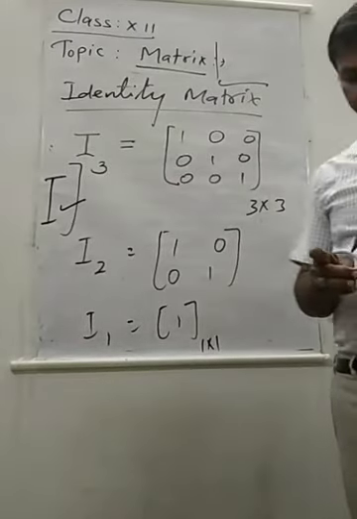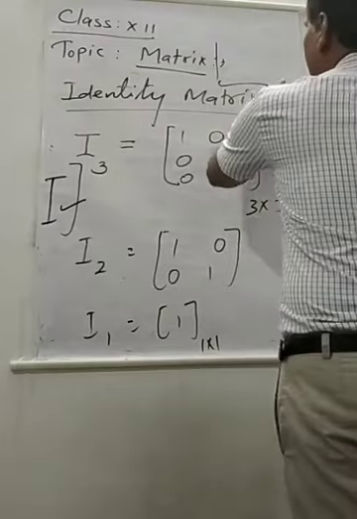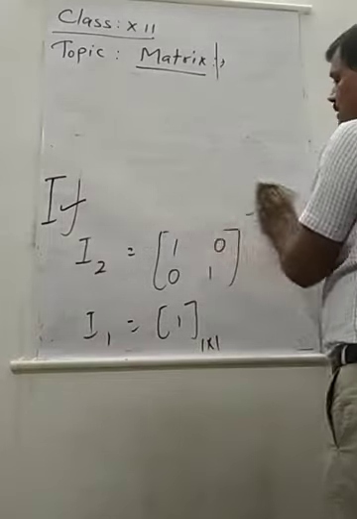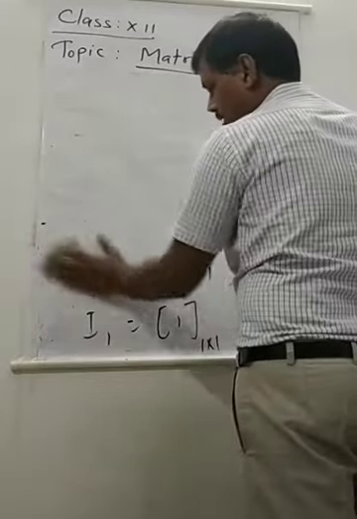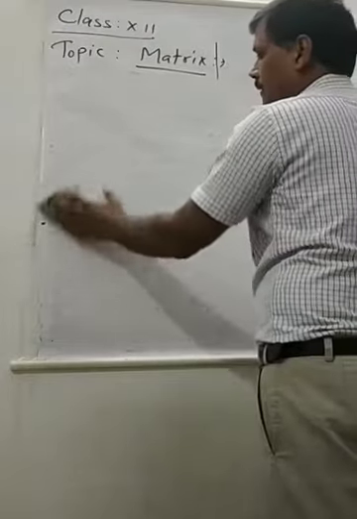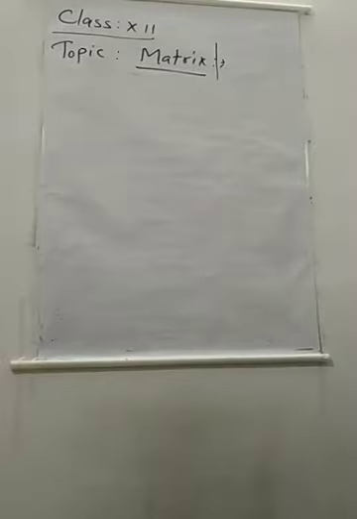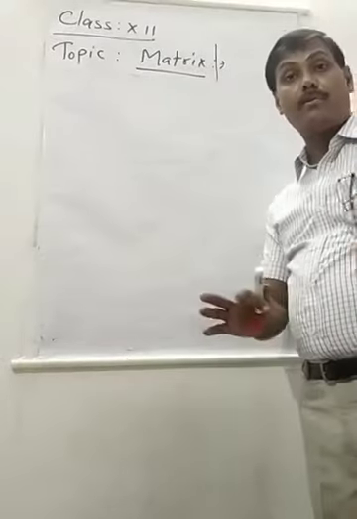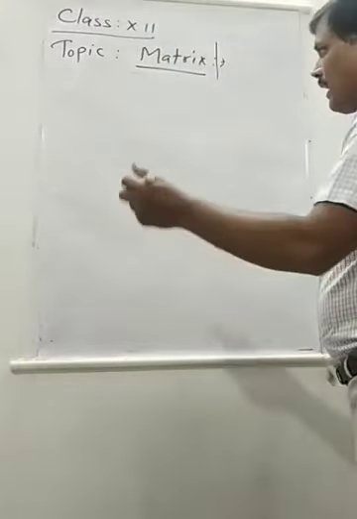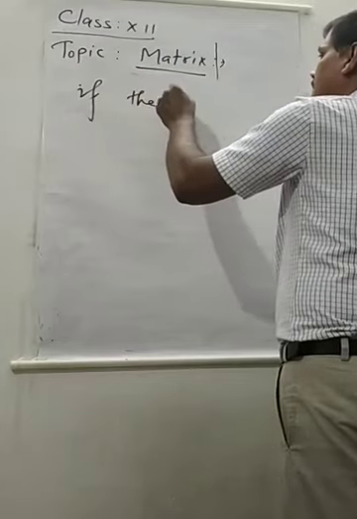Hope it's clear. The next topic we are going to discuss is equality of matrices, means how two matrices are said to be equal. The concept is very easy. Children, once again I would like to remind that matrices are an arrangement of numbers. So if you want to compare the arrangement of numbers, obviously they should be correspondingly equal. Let's see how it is.